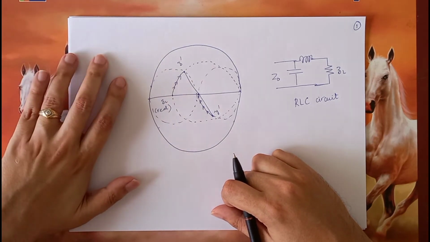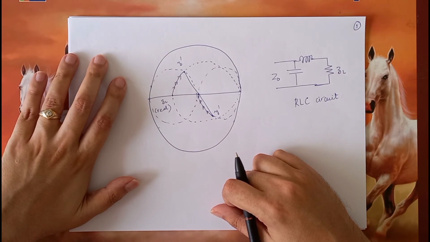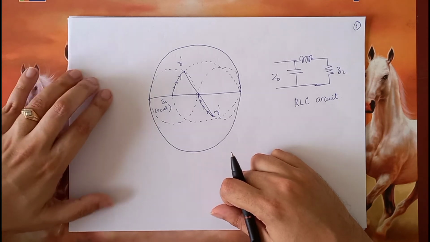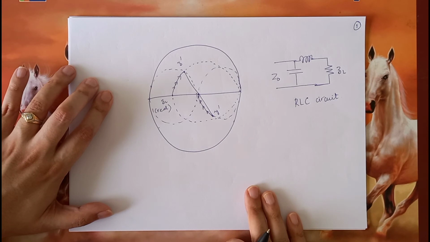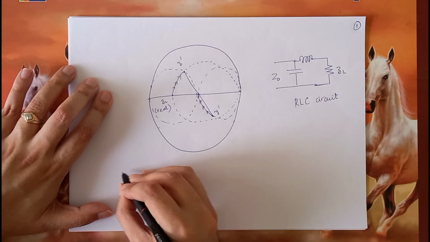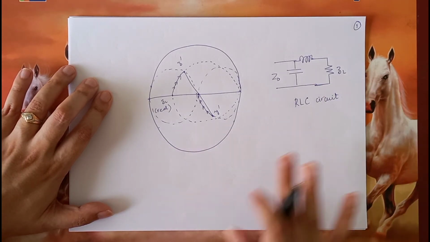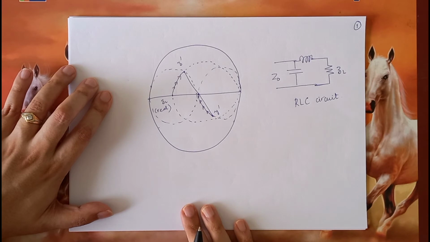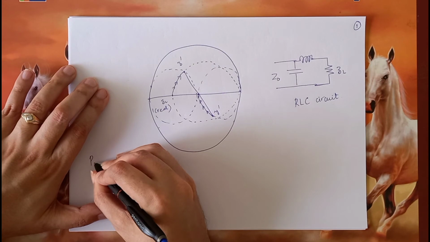RLC circuits are something that you would do in any basic electrical or electronics engineering course, and therefore I am not going to spend too much time on them, but just give you a recap. There are two kinds of RLC networks in common fashion. One is a series network, the other is a parallel network.